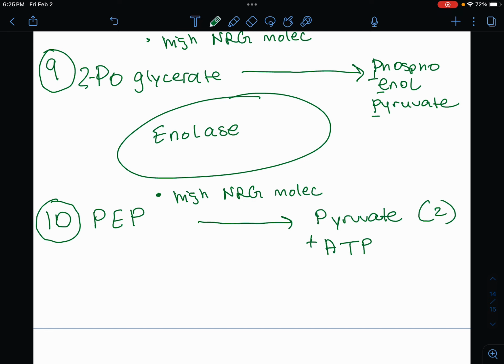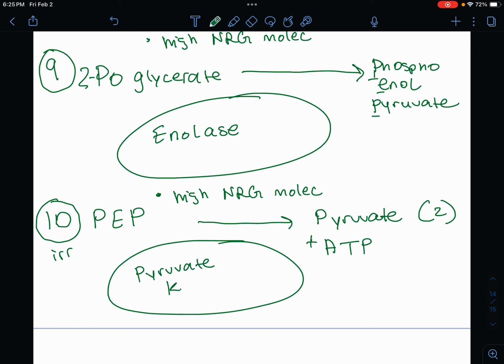All right, so this is also irreversible. And the enzyme that we're going to be using is pyruvate kinase. This is again a substrate level phosphorylation event.